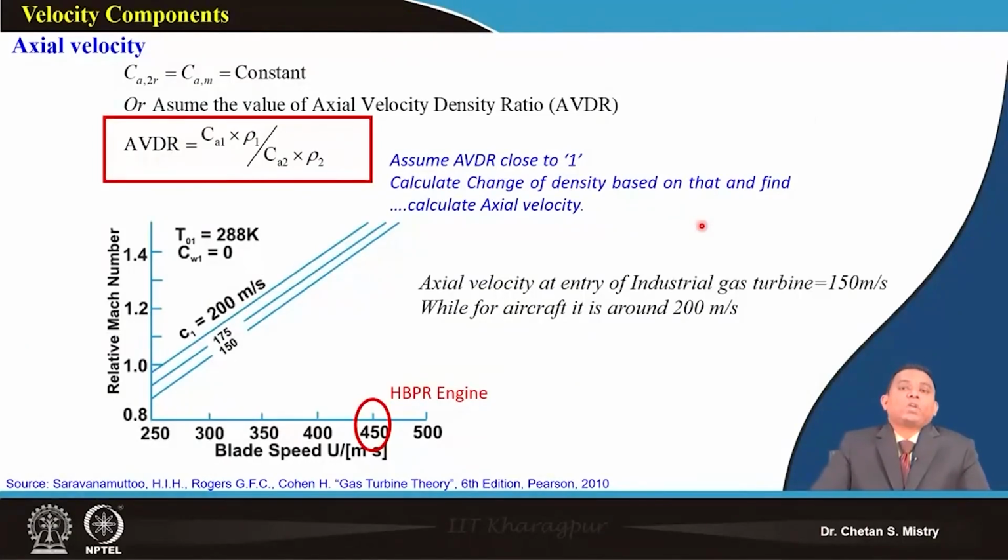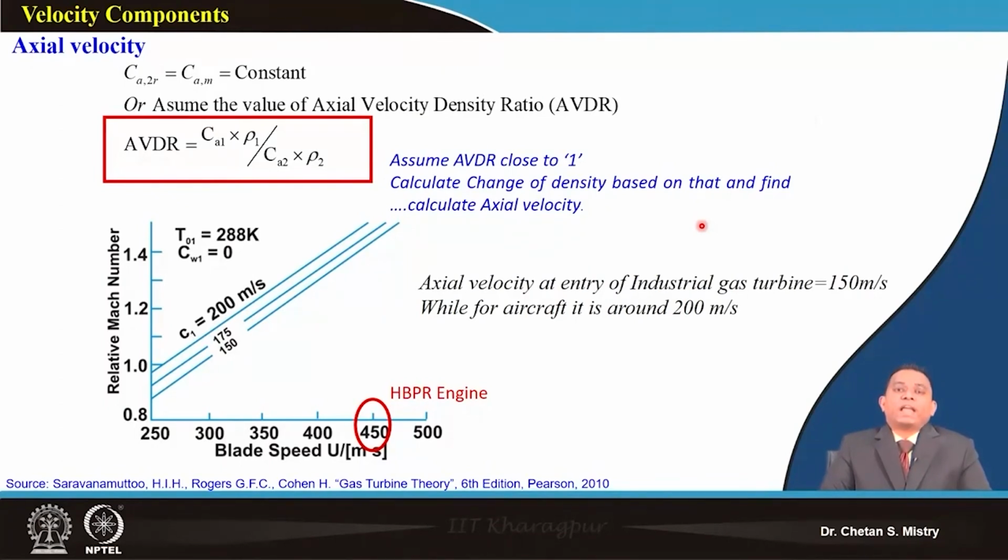Now, we have a next parameter. As we have discussed, we have introduced a parameter called flow coefficient, and that flow coefficient we have correlated with axial velocity and peripheral speed. So axial velocity is also an equally important parameter that needs to be considered. Okay, so we are assuming our axial velocity to be constant.